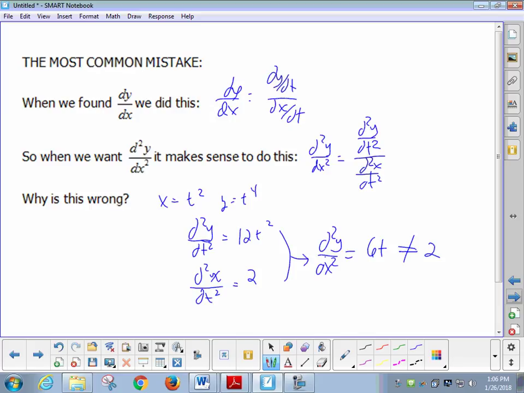It's 12t squared over 2, 6t squared. So you're saying 12t squared over 2 is 6t squared? Yeah. Okay. Just checking.